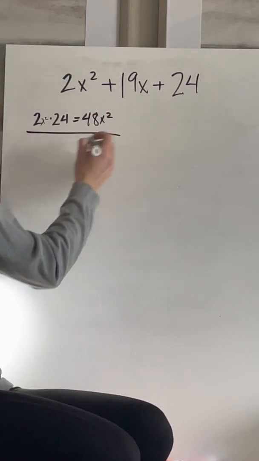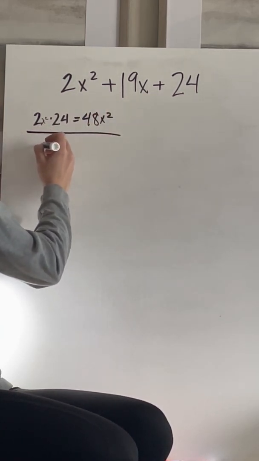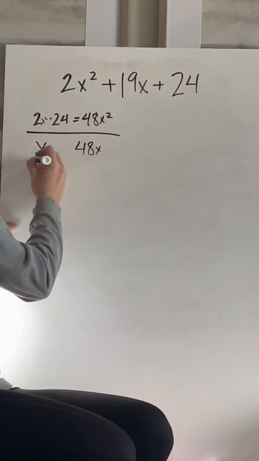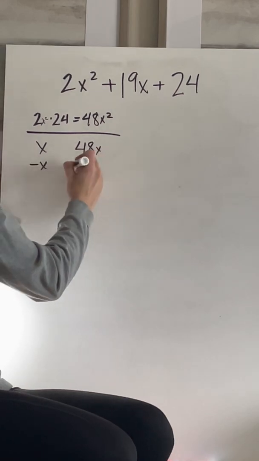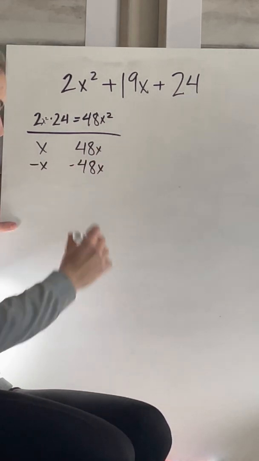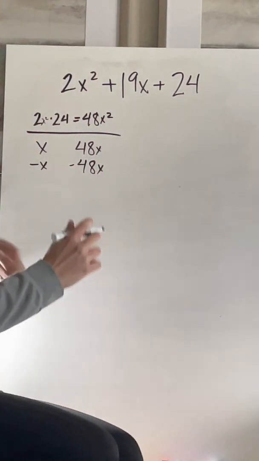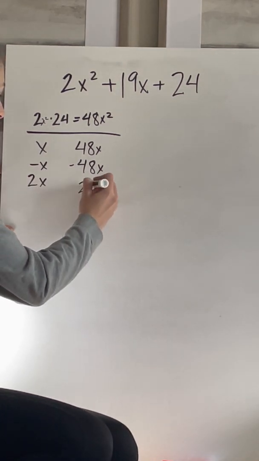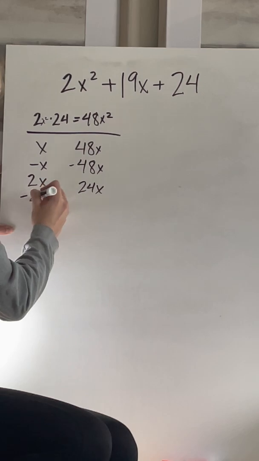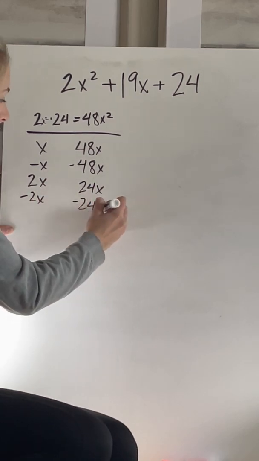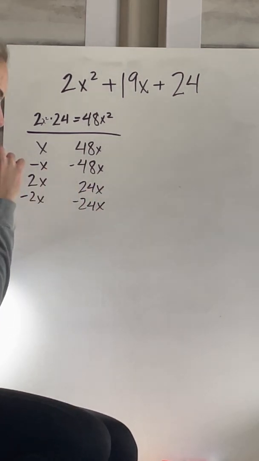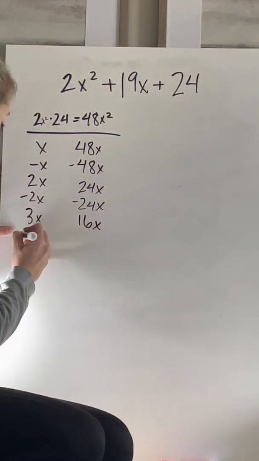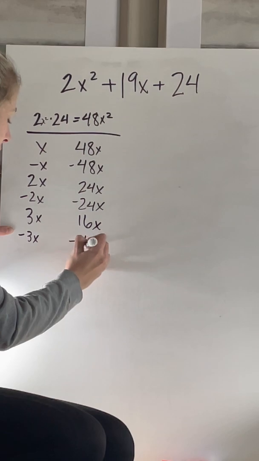Let's find our multiples of it. x times 48x, negative x times negative 48x. There's a lot here. 2x times 24x, negative 2x times negative 24x, 3x times 16x, negative 3x times negative 16x.